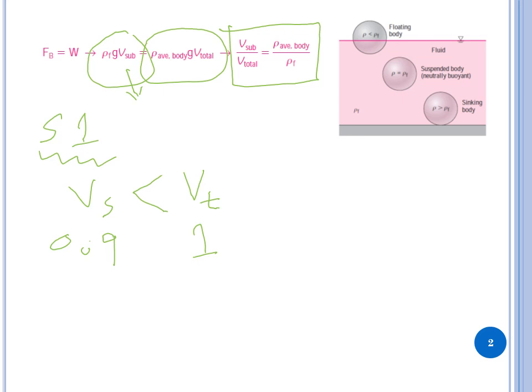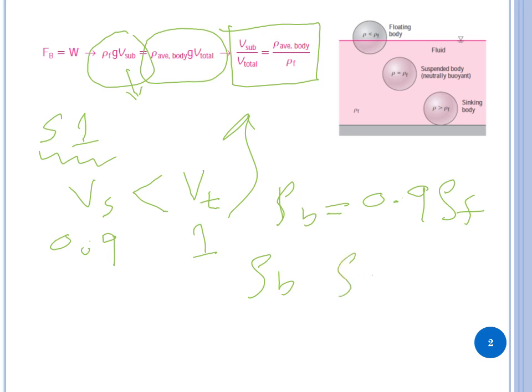When we substitute these values here, we get density of the body is basically 0.9 of the density of the fluid, or in other words, density of the body is going to be less than density of the fluid.